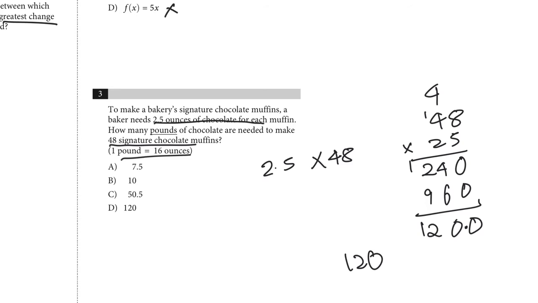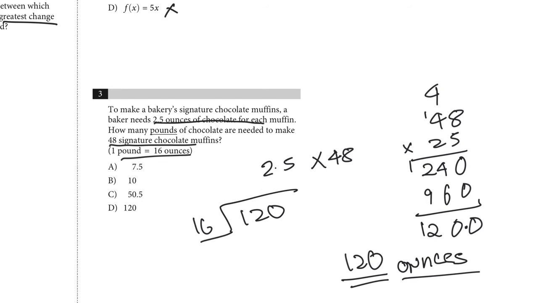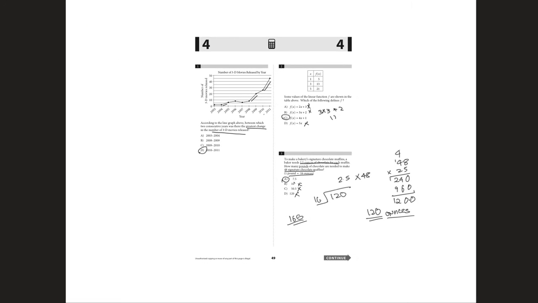So that will be 120 ounces, and that's 120 divided by 16. So there's no way it's 120, there's no way it's 50.5, and it can't be 10 either, so it's got to be 7.5 because 10 would give us 160. That's not the answer. Alright, let's go to the next one.